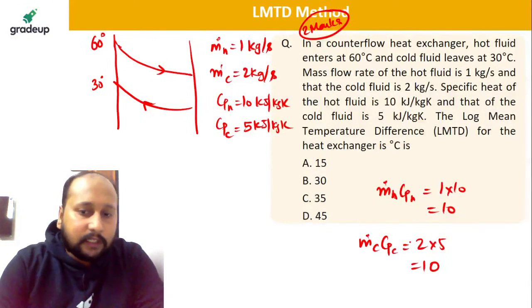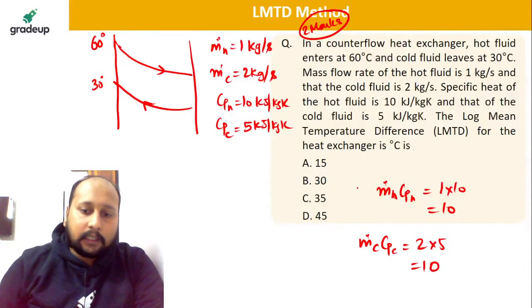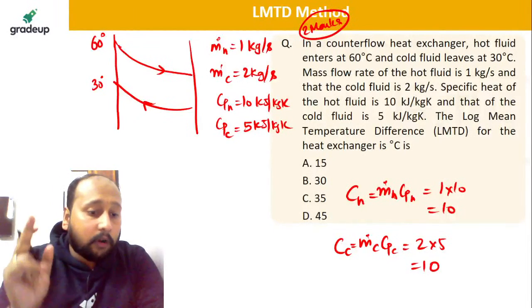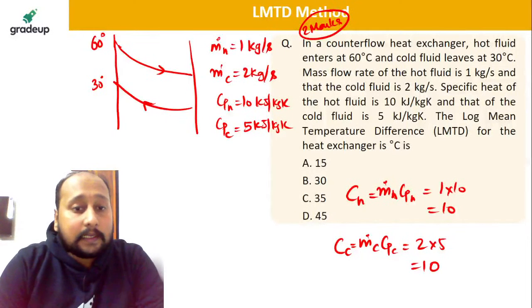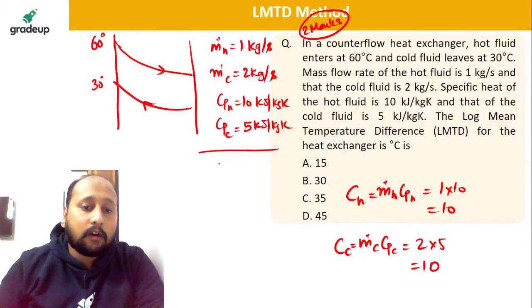Can you tell me which case we are talking about? This is capital Ch, this is capital Cc. That means heat capacity of the hot fluid and cold fluid are the same. That means what is the type of heat exchanger? This is a balanced heat exchanger.